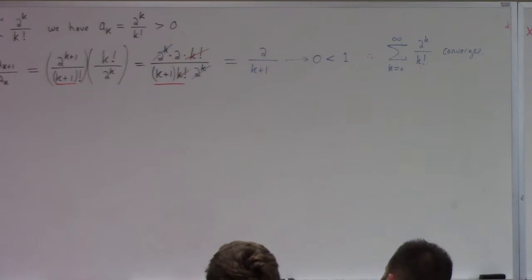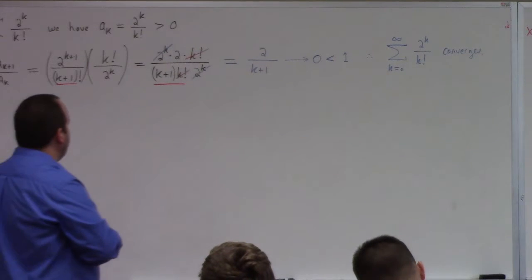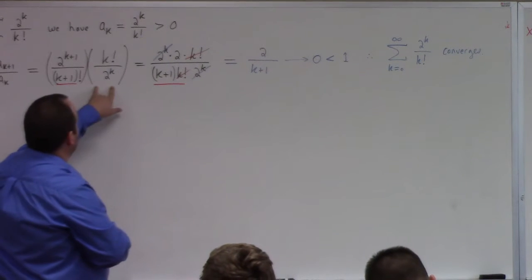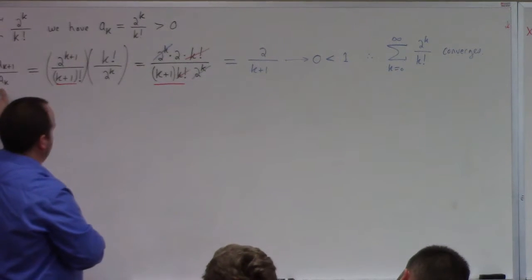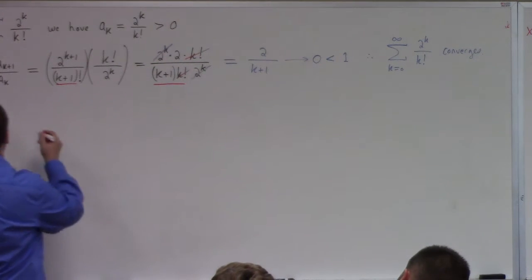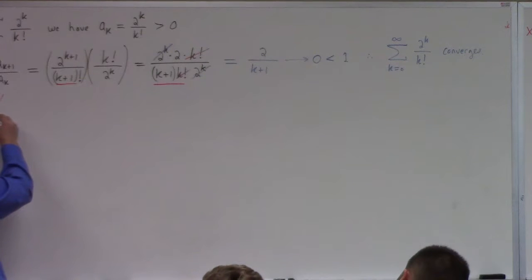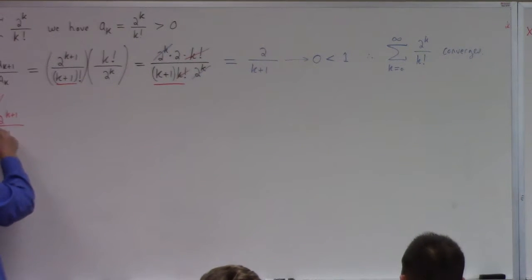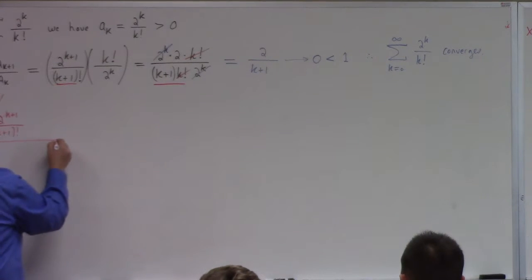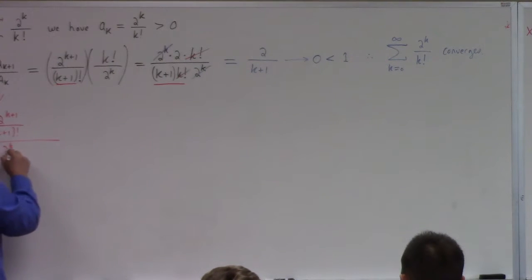Can you go over how you got the 2 to the power k over that? How did I get the what? This? Well, this is equal to 2 to the k plus 1 over k plus 1 factorial, big fraction, 2 to the k divided by k factorial, right?